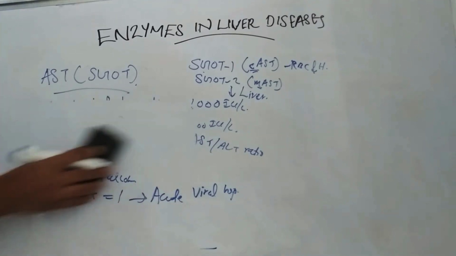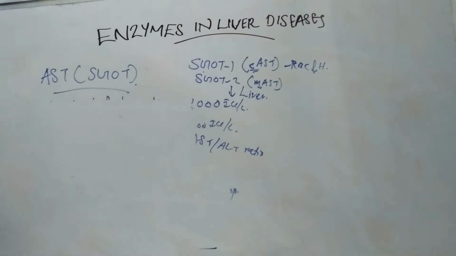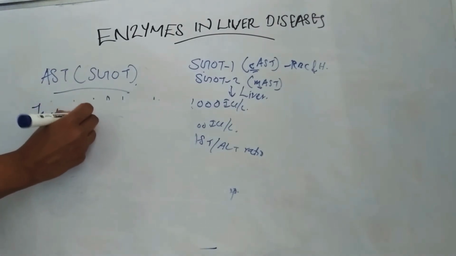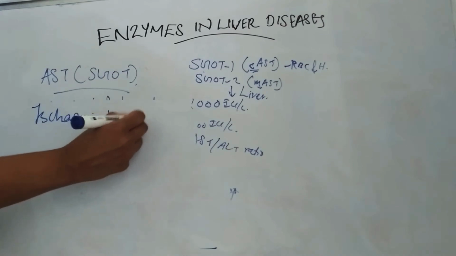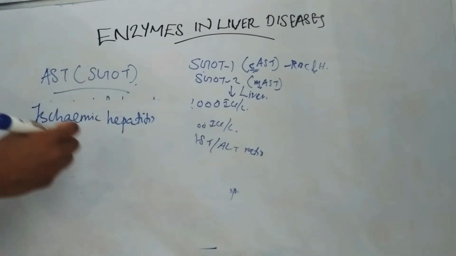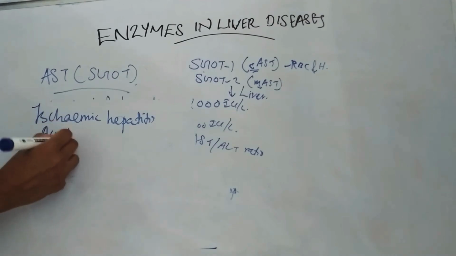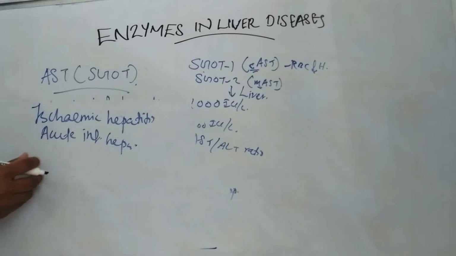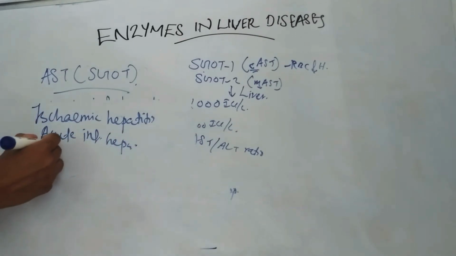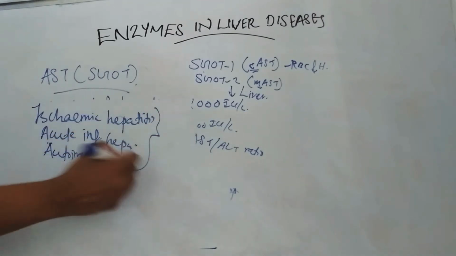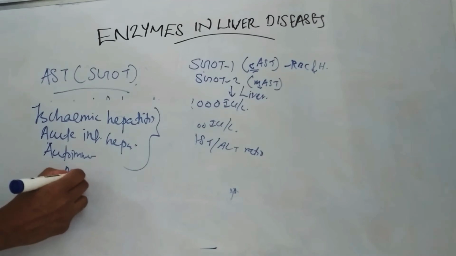Then in case of ischemic hepatitis, acute infectious hepatitis, or autoimmune hepatitis, there will be an increase in either ALT or AST.